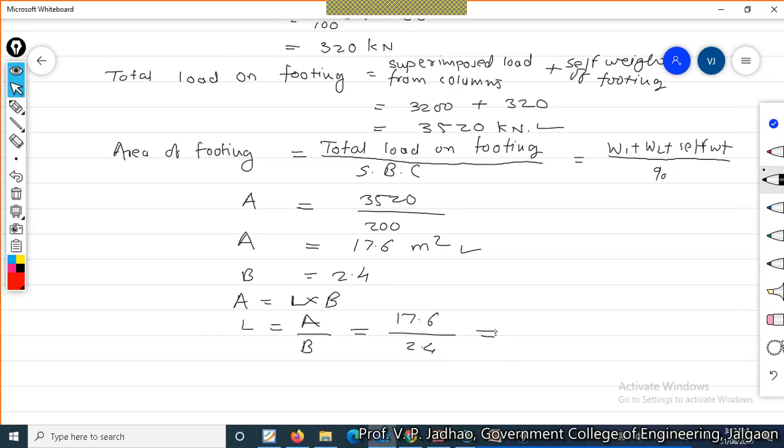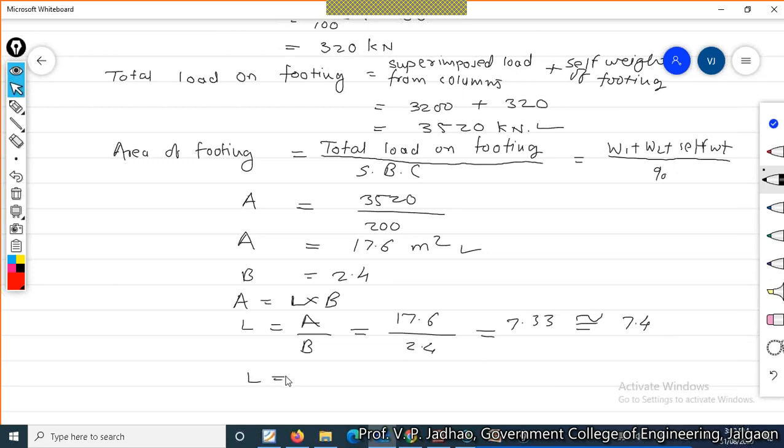Therefore, the length of footing is 7.33 meter. Let us round this off and consider the length equal to 7.4 meter.